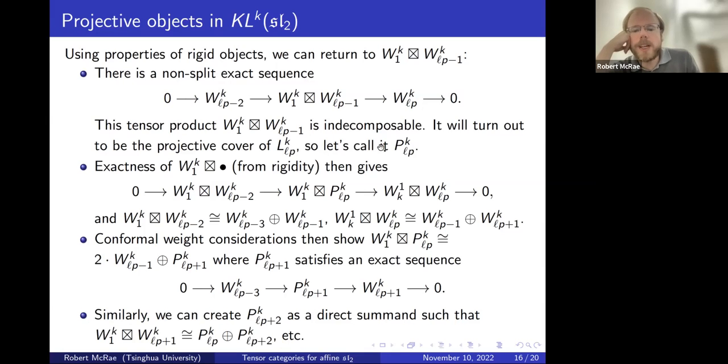It's going to turn out to be projective. So let's call this module PKLP. And then because we have rigidity for WK1, tensoring with WK1 is exact, which means we can tensor this exact sequence with WK1 to get another exact sequence. We can compute both the submodule here and the quotient. They are both direct sums of a certain type.